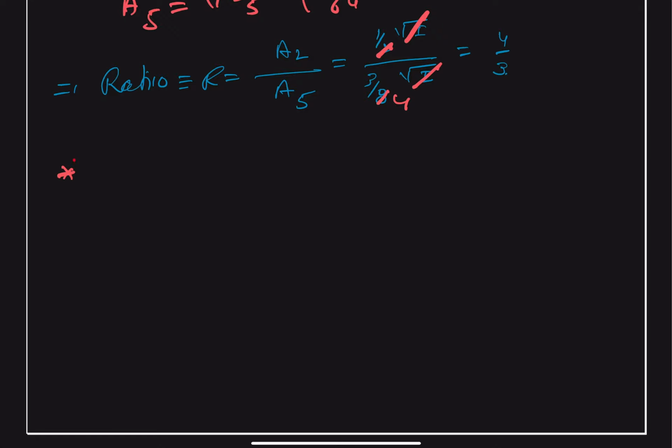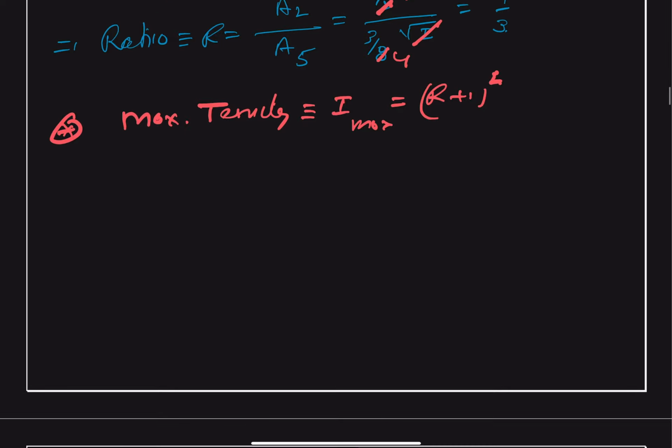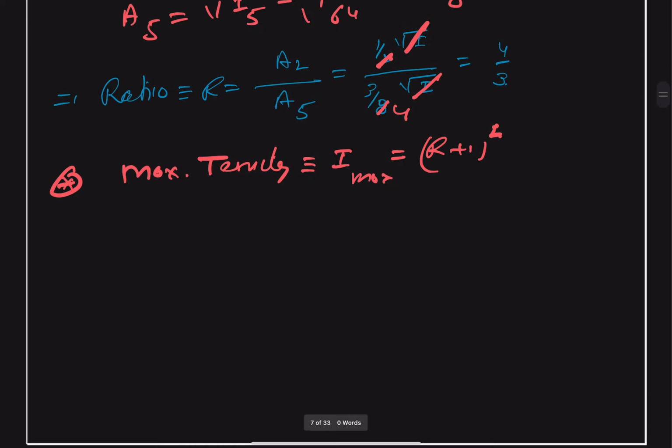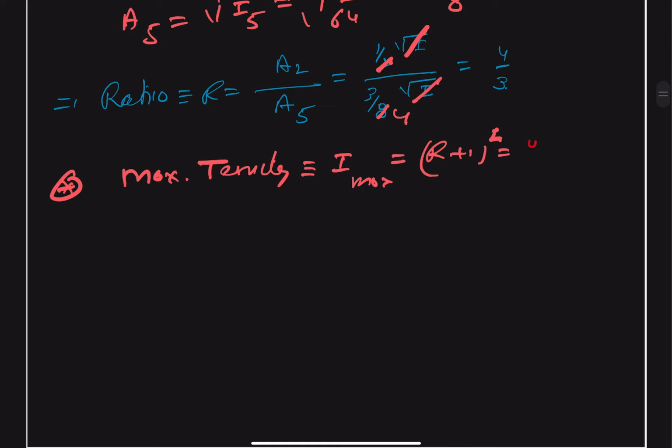So we know the formula that the max intensity, that is I max, will be equal to (R plus 1) whole square, and we substitute the value of R, that was 4 by 3, so this comes as (4 by 3 plus 1) whole square, and this gives us 49 by 9.